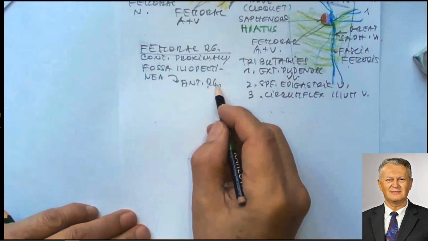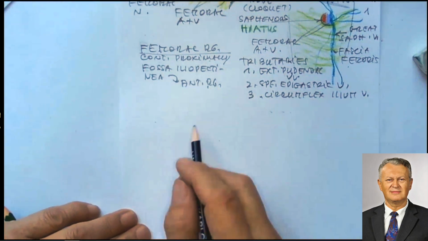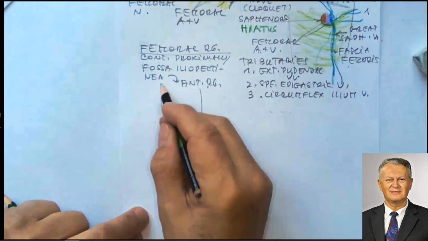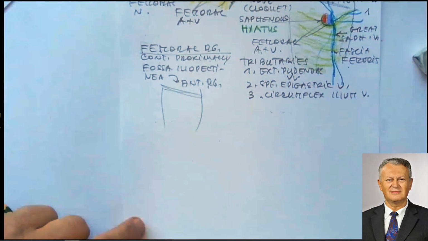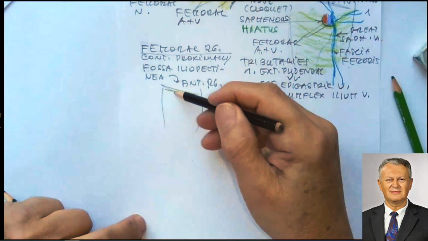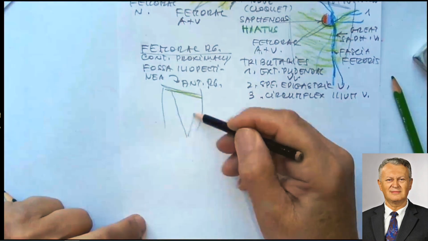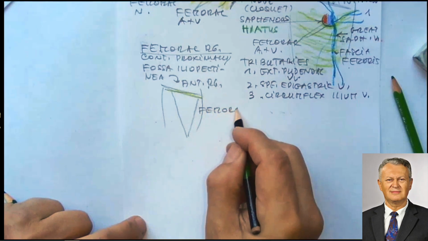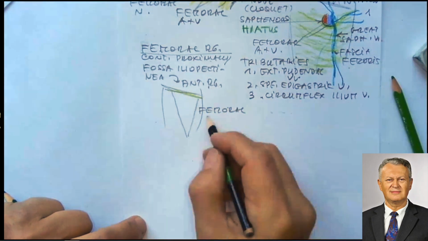And then the anterior region can be divided, this is the inguinal ligament again, into the trigone. Proximally there is a trigone like that. We call it the femoral trigone. We will not speak about the structures inside because they are absolutely the same.